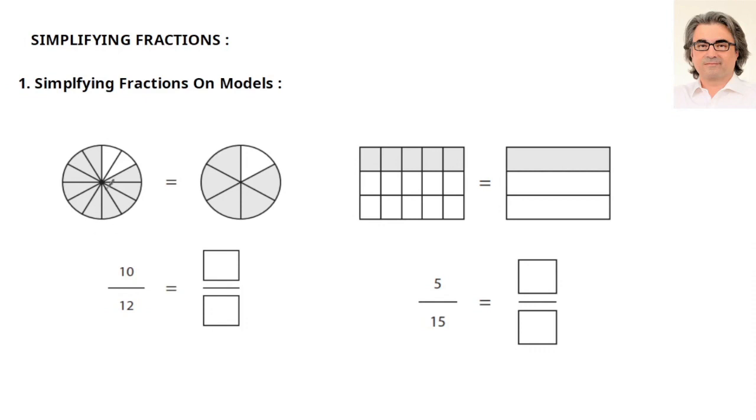Firstly, this is my whole, and divided into 12 equal pieces in total. So I should write the denominator as 12. What about the numerator? The number of shaded regions. 10 pieces are painted here, so I should write 10 as the numerator of this fraction.